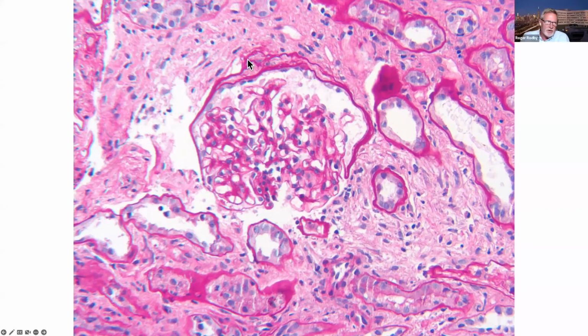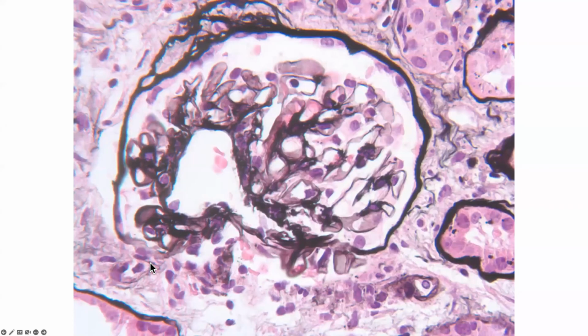Oh, sorry, my bad. Again, not indicated. It has no significance if they're T or B cells. If we had a suspicion of lymphoma, we'd do the stain, but otherwise not indicated.